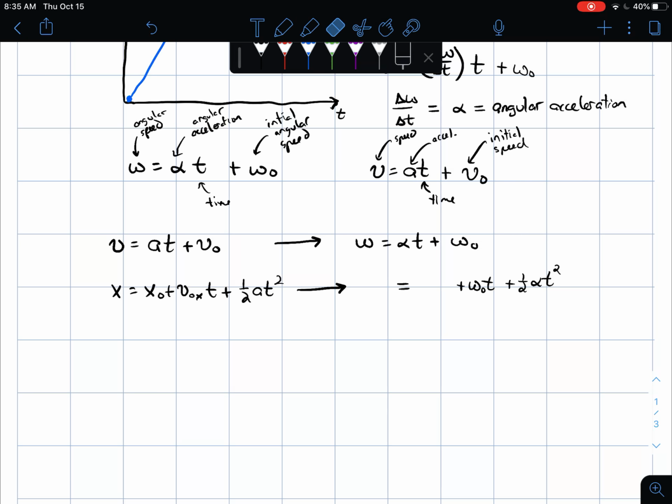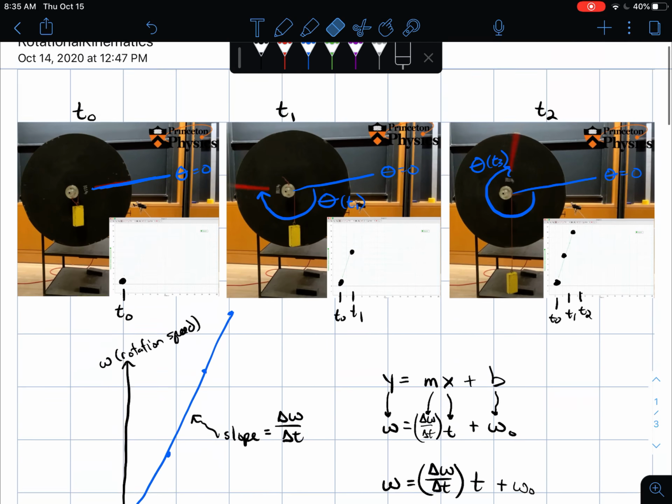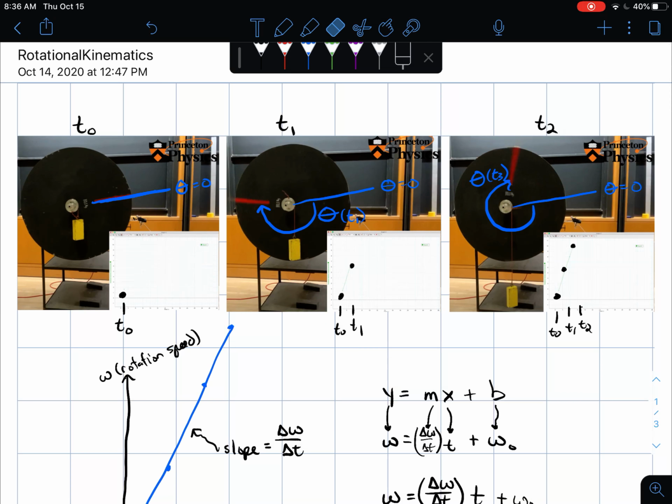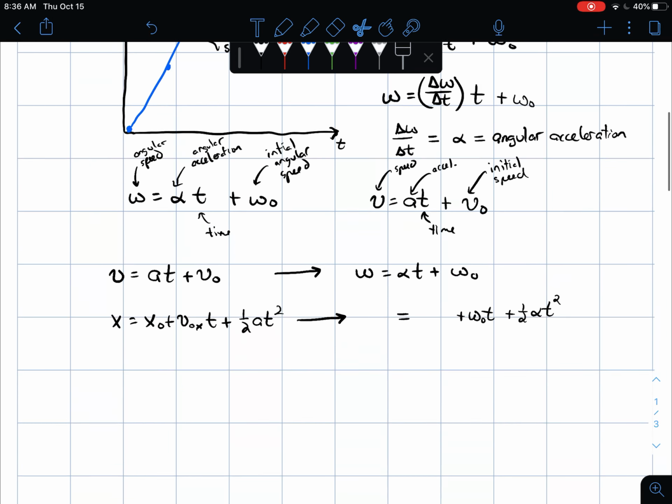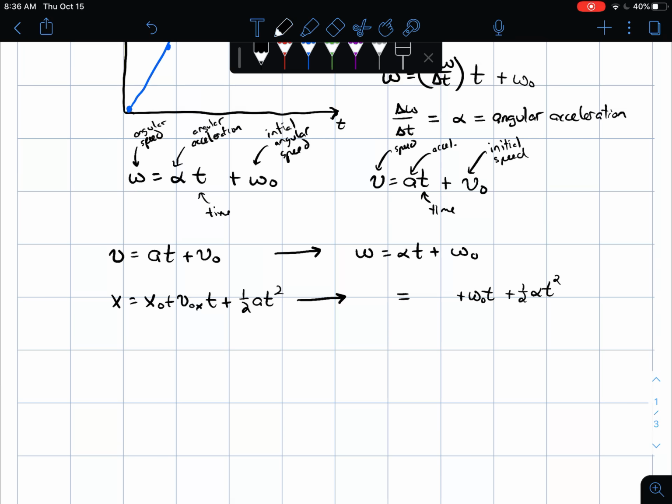Now the question is, what is it that plays the role of x? Remember, x was the position of the object that was moving. Well, if we look at our rotational analogy, what plays the role of position is this theta. It is the angular position. And so everywhere in our previous equations where we had x, we can replace it by theta. So theta equals theta 0 plus omega 0 t plus 1/2 alpha t squared.